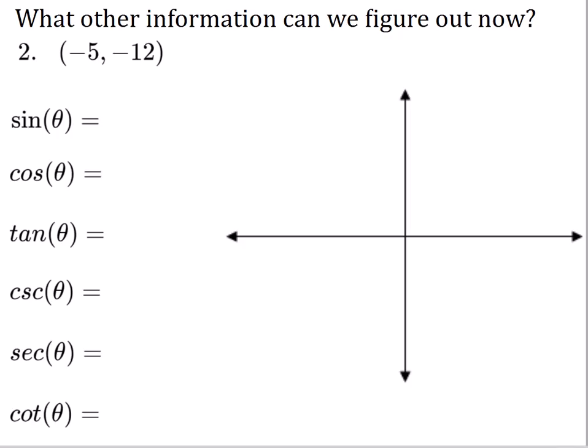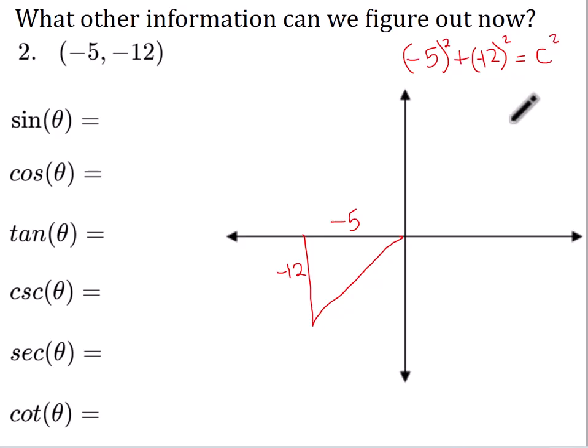We can do the same thing with the points that we started with, negative 5 and negative 12, from the warm-up question here. One thing that you do need to remember when you're using the Pythagorean theorem is that you have to put those negative numbers in parentheses when you square them.